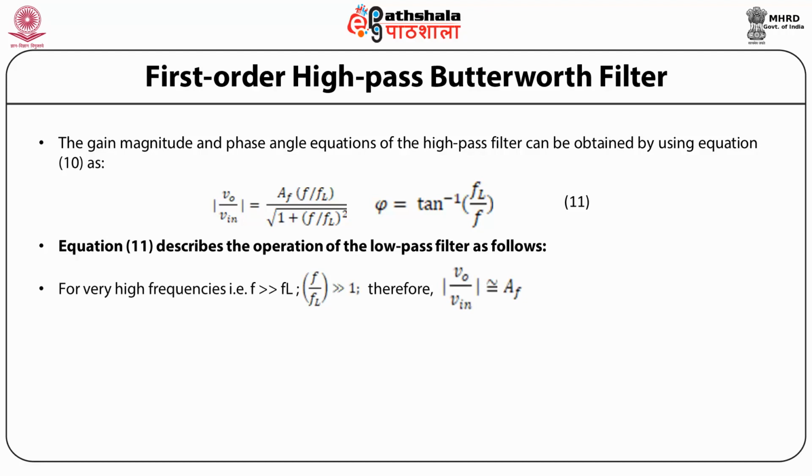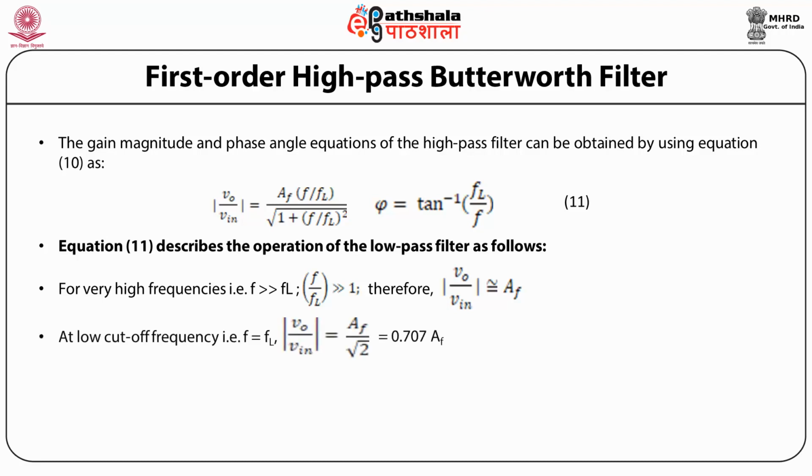First, for very high frequencies, that is f much greater than fL, the ratio f by fL is much greater than 1. Therefore, modulus V0 by Vn can be simply approximated to be equal to AF.